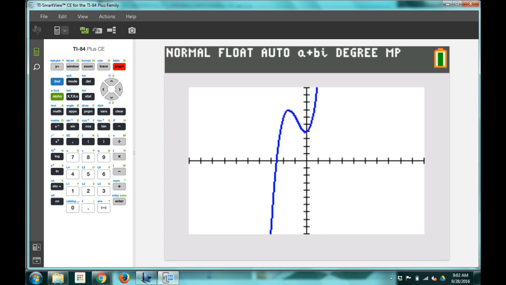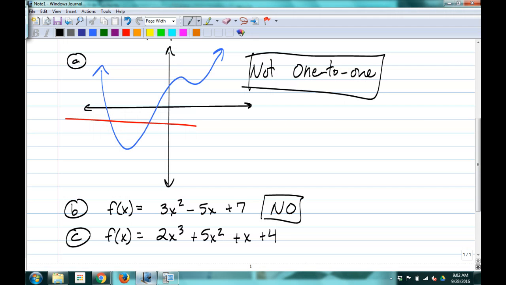No. So that's not one-to-one. That's really a good way of checking one-to-oneness, with the graph and the horizontal line test. So checking one-to-oneness: can't repeat x's, can't repeat y's, got to pass the vertical line test, got to pass the horizontal line test to be a one-to-one function.